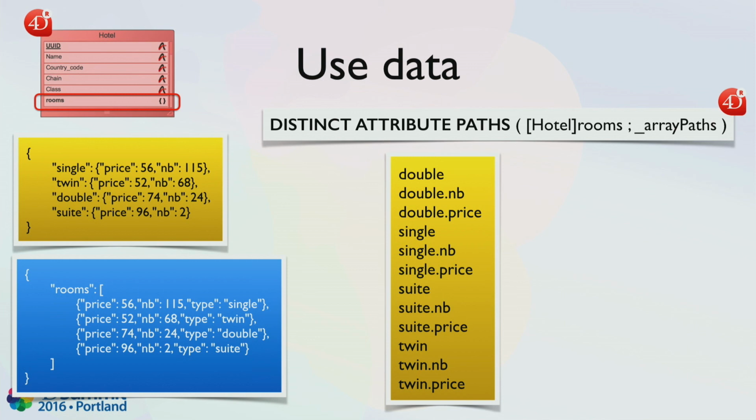Double dot is the object, the sub-object in my object. Double dot number, double dot price, and it's the same for all the attributes, all the paths. Distinct attribute paths works on the selection, and gives you information about the selection of records on the main table.